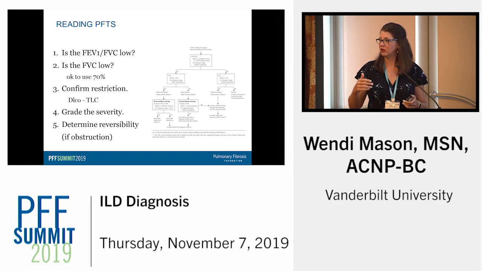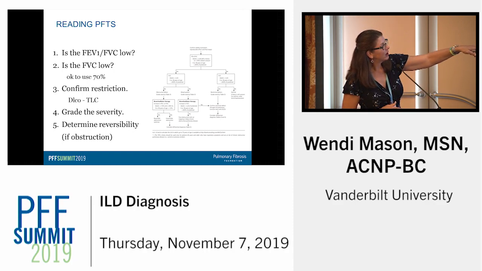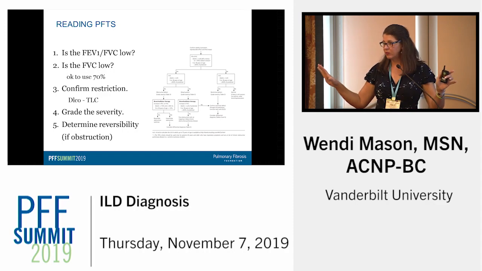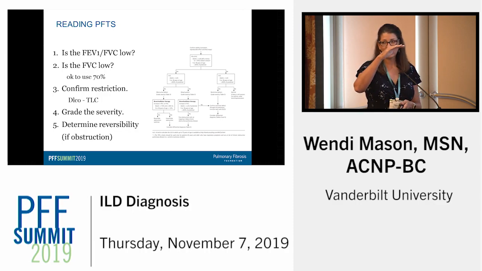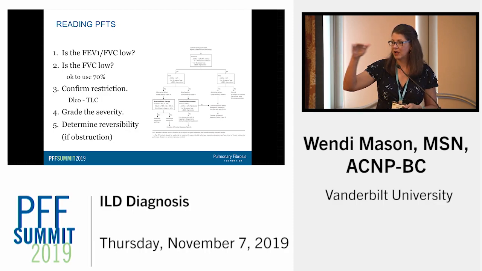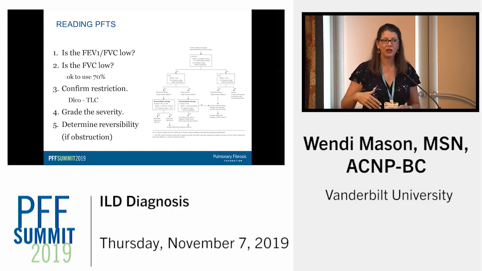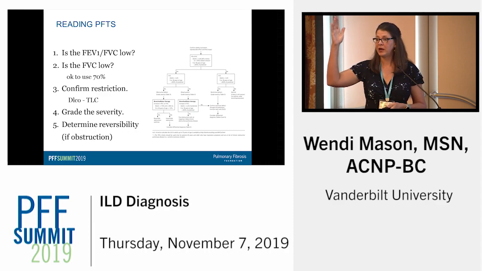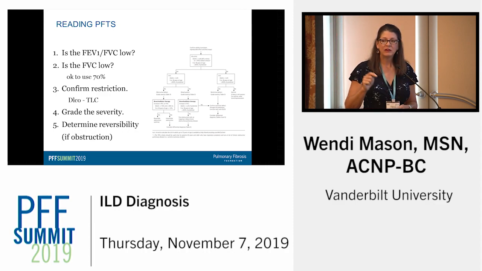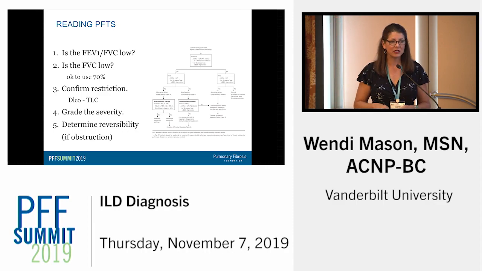The next thing I want to do is look at their FVC. I'm only doing spirometry, so I've only got FVC to look at. Looking again at this line, this time the line is 80%. If it's under 80%, I'm restricted. If it's over 80%, I'm normal. Does that mean he doesn't have a lung disease?